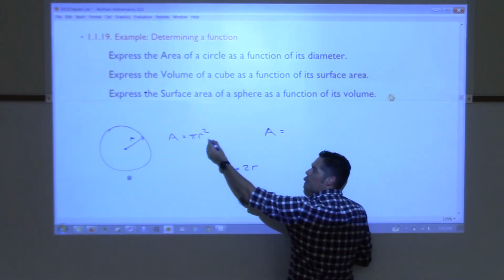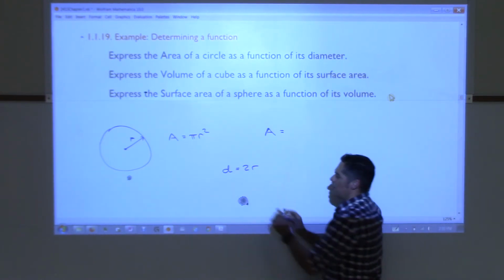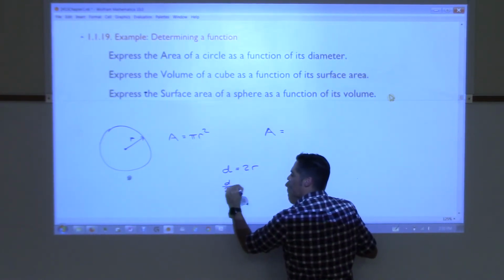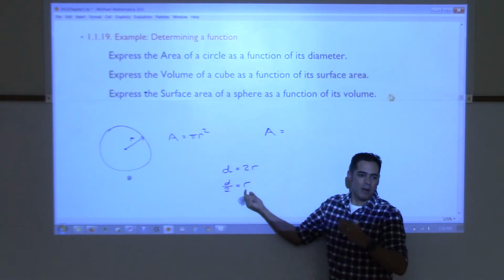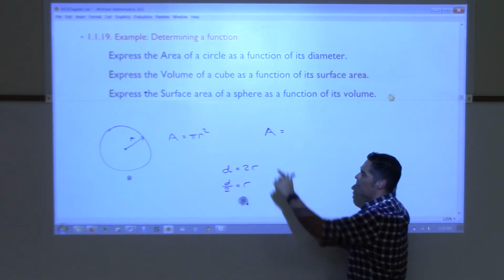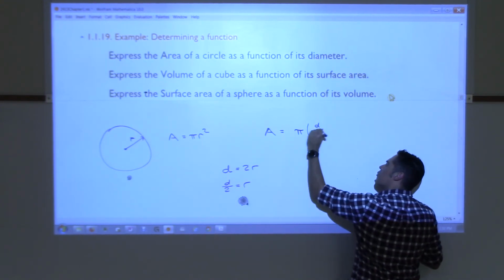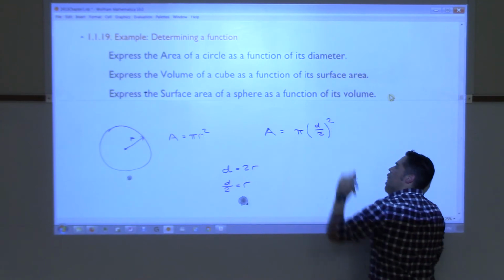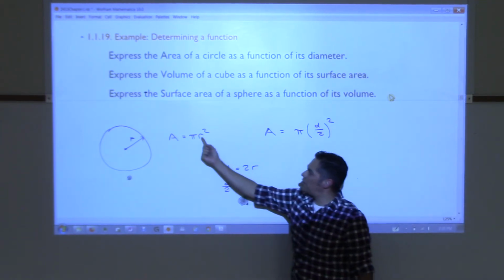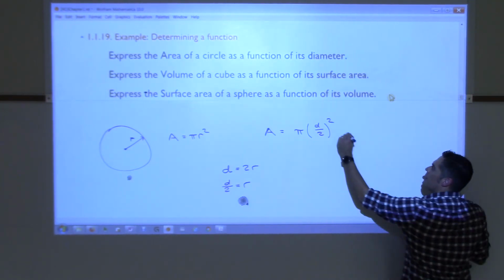And what I want to do is replace this r with something that has d in it. So if I take this and divide both sides by 2, and this is where you could have said the radius is half the diameter, it's the same thing, right? Then I can rewrite that formula, pi, and then d over 2 squared. So all I've done is I've replaced r with something with d in it, right? And now let me do this.